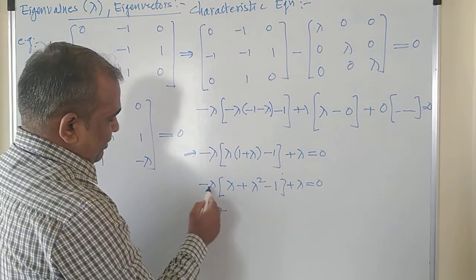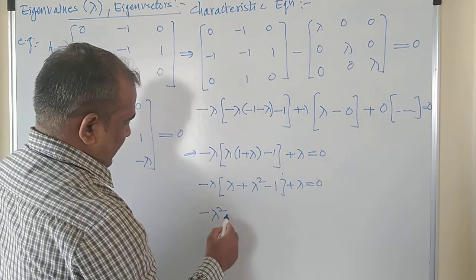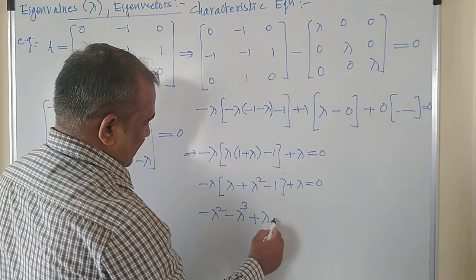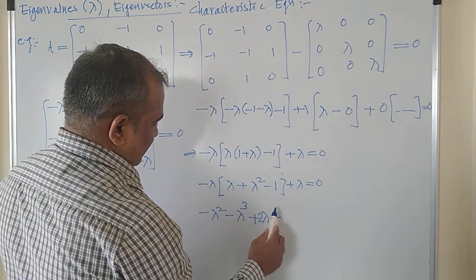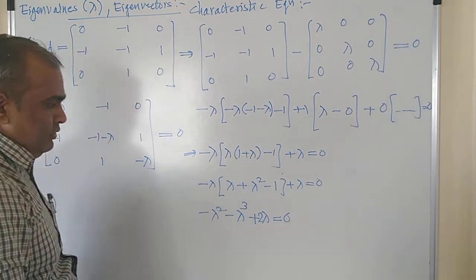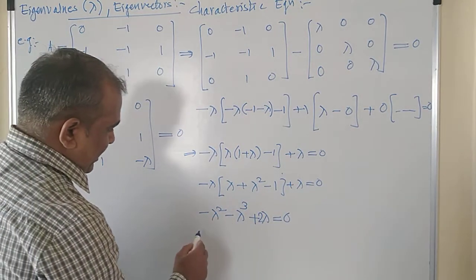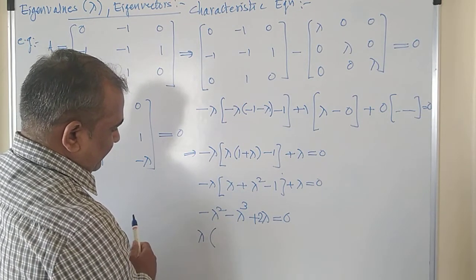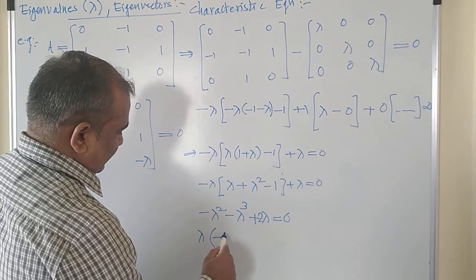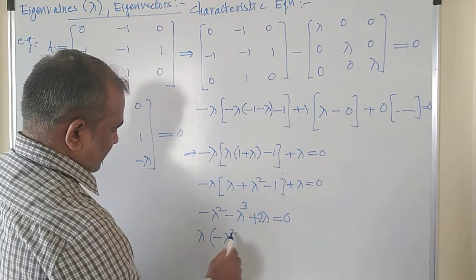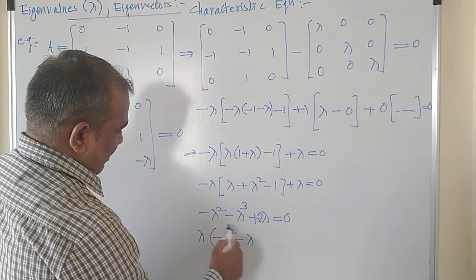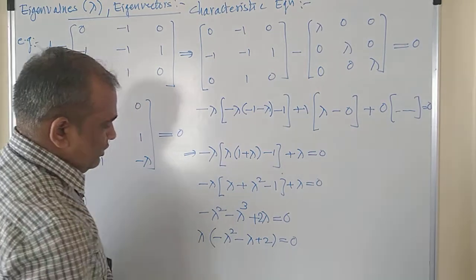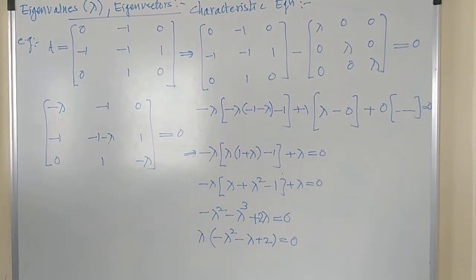Minus lambda square multiplied by minus lambda, minus lambda cube, plus lambda and plus lambda, I will write 2 lambda, plus 0 equals 0. I can take lambda common from here. If taken out common, you get minus lambda square, I will write this first, minus lambda plus 2 equals 0. We got this simplified form.